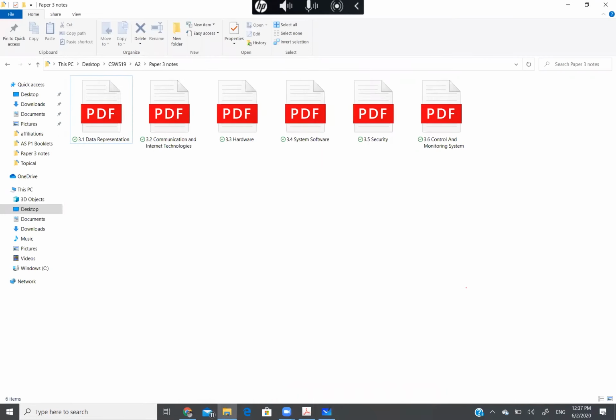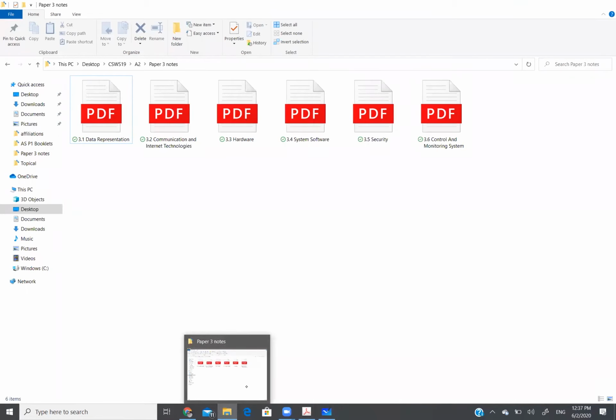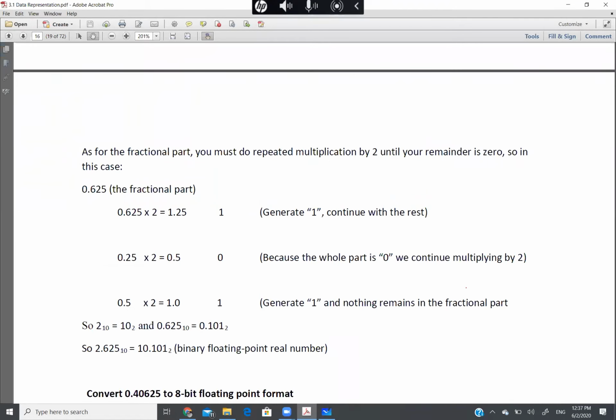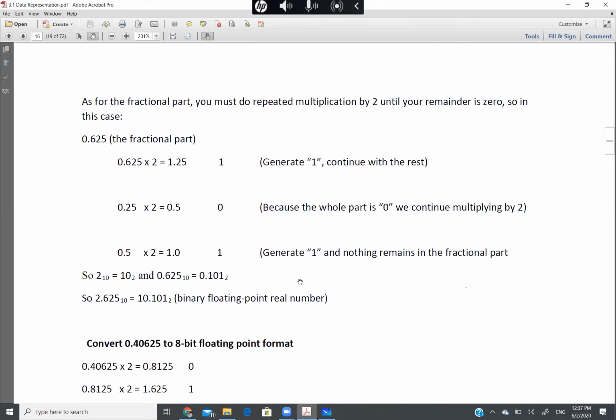The past papers. Come on, what happened? This is 0.625. There is another way of solving that decimal portion.